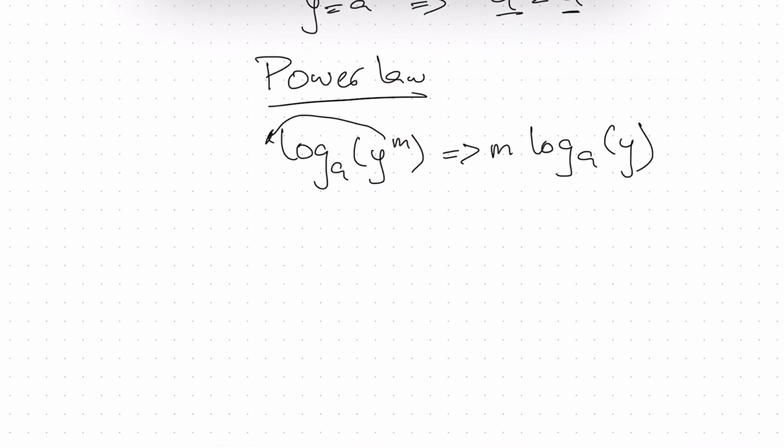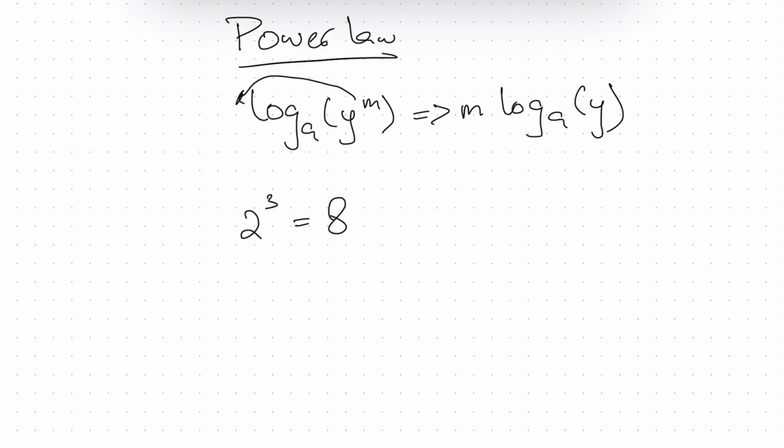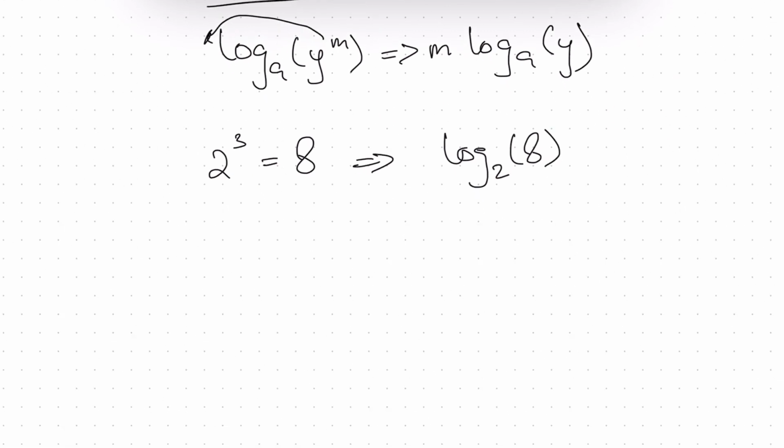Okay, so also let's try this out. So for example, I take, let's say, 2 power 3. So I have 2 power 3 which equals 8. So this is an index form. Okay, now if I try to write this in a log form, so this will be log base 2 of 8. Okay, and we know that we raise to the power 3, we get this 8.